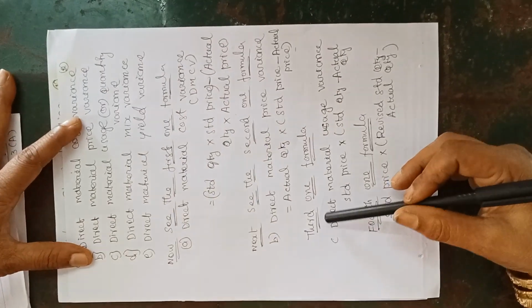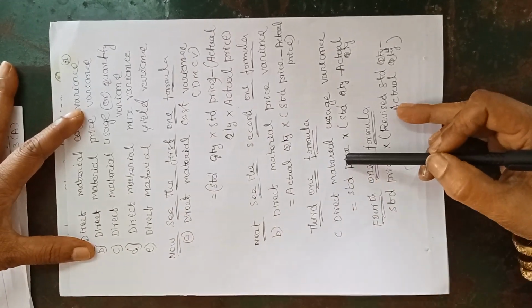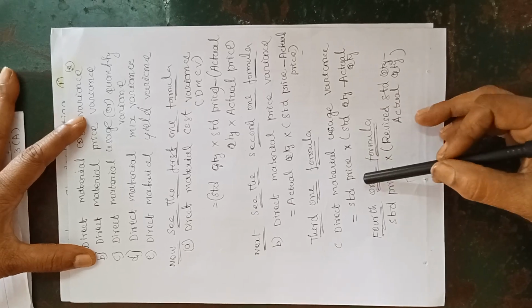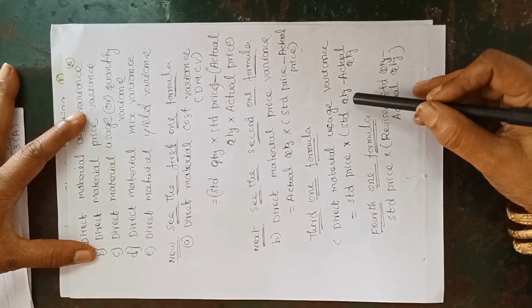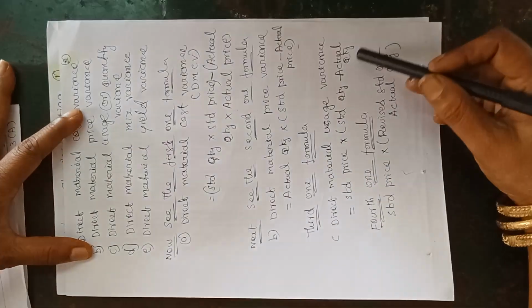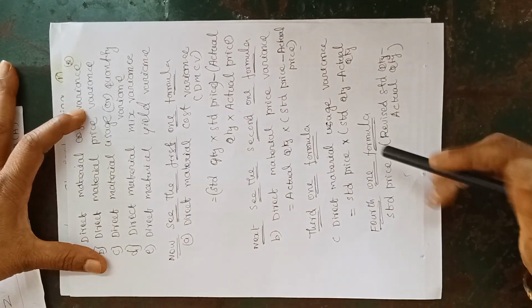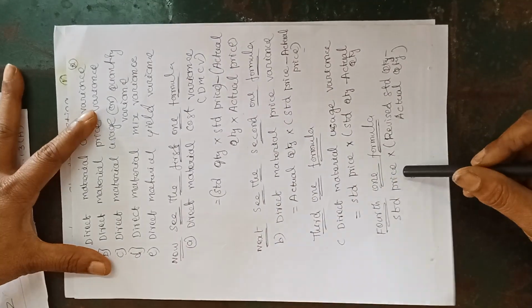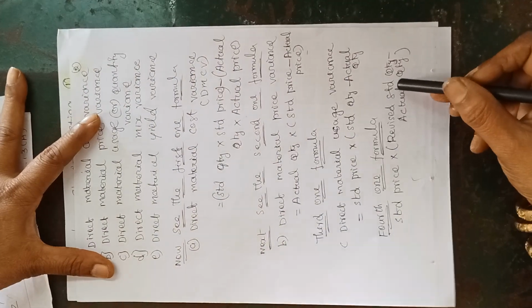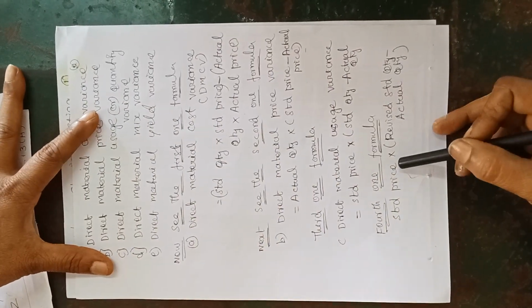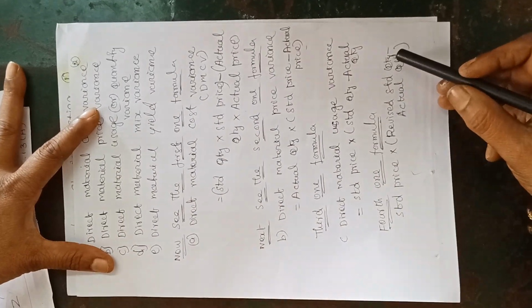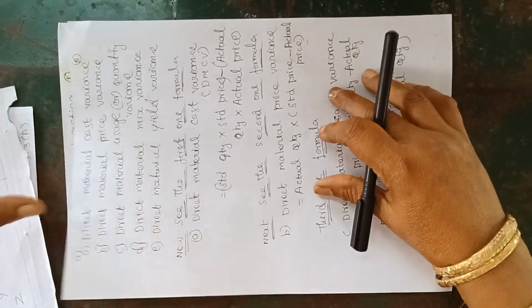Third formula, direct material usage variance: standard price into standard quantity minus actual quantity. Fourth formula, direct material mix variance: standard price into revised standard quantity minus actual quantity.